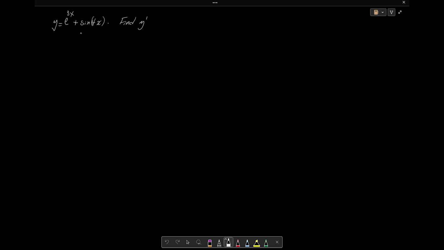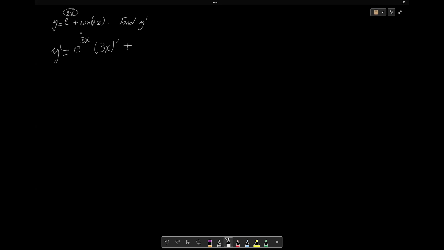Okay. Here we have e to the 3x plus sine 4x. All right. So again, we need to use the methods that we learned, and at the end, we multiply by the derivative of the arguments of these functions. So here, y prime, the derivative of e to something, is itself times the derivative of that something. See that? If you call this u, then you're taking u prime right there.